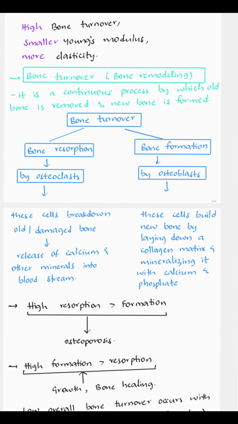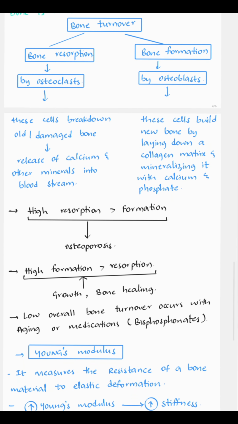Hence, bone is a mineralized connective tissue. If the resorption is more than formation, it leads to osteoporosis. If the formation is more than resorption, it leads to bone growth and bone healing.